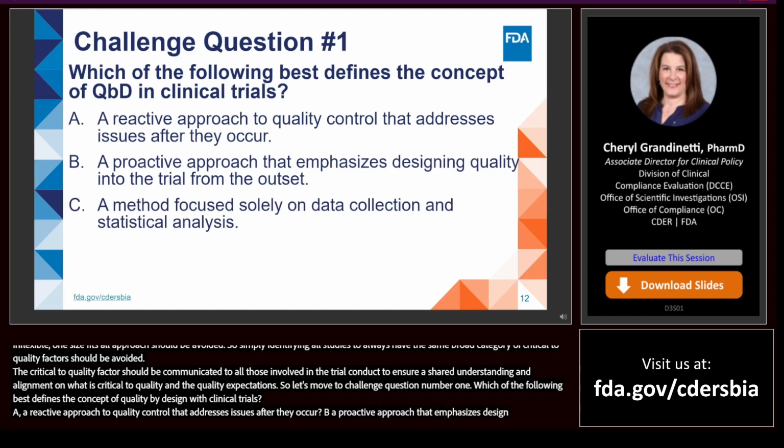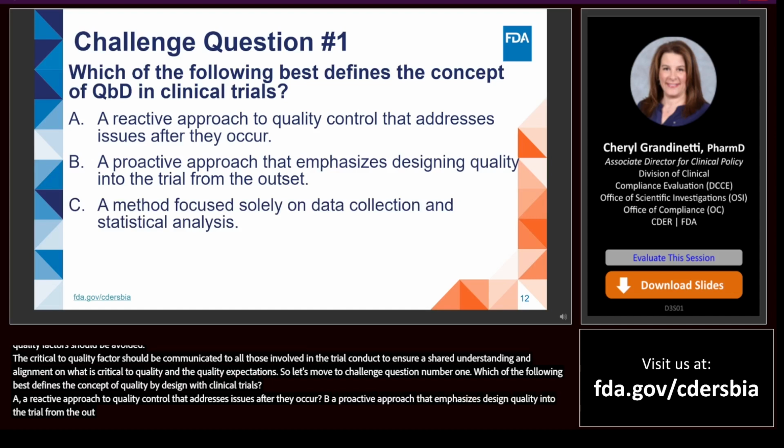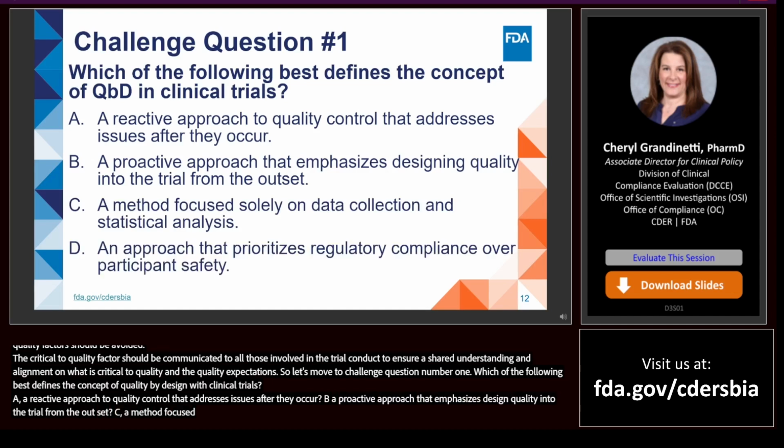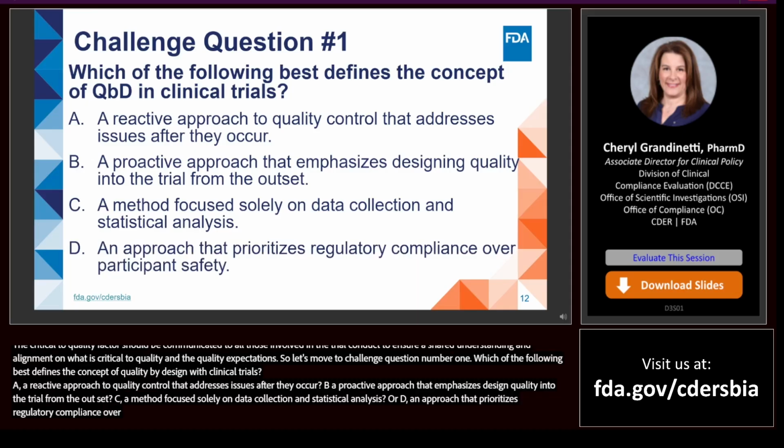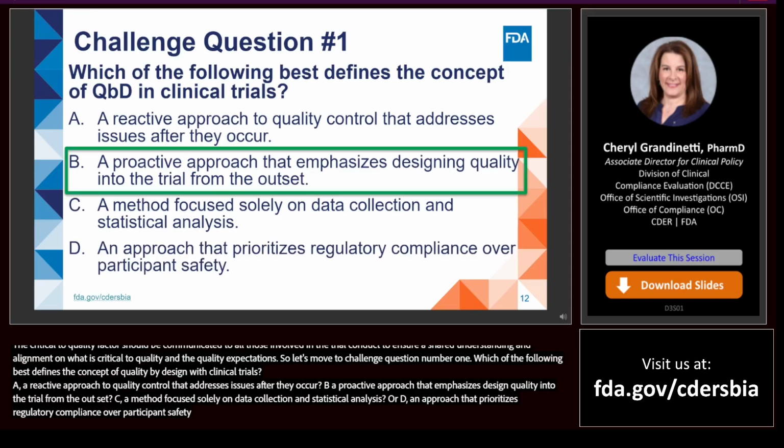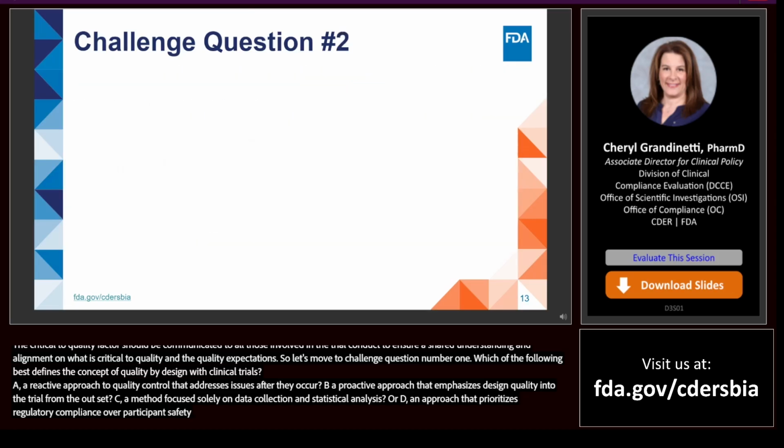C, a method focused solely on data collection and statistical analysis. Or D, an approach that prioritizes regulatory compliance over participant safety. So I think this is an easy one. The answer is B, a proactive approach that emphasizes designing quality into the trial from the outset.